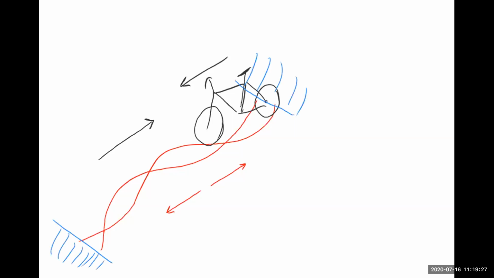Suppose for any reason just a part of the track is visible to us, like a photo taken of that part, and you're seeing the photo. Based on that, can we deduce if the bicycle was going right or left?